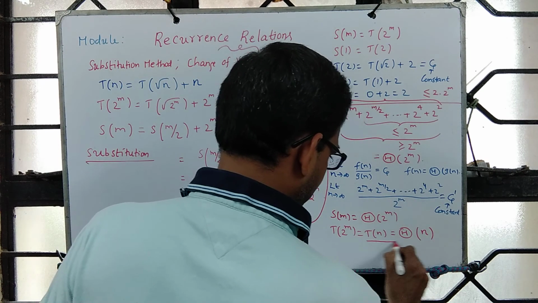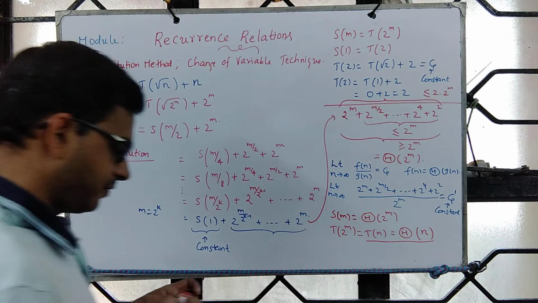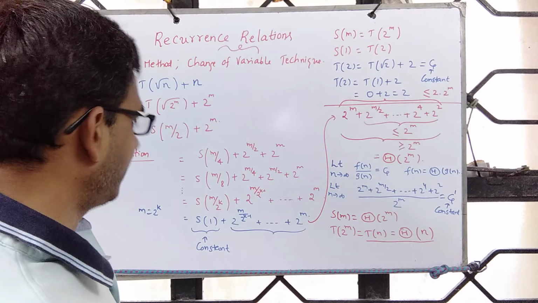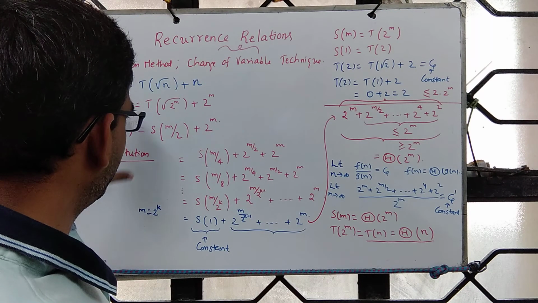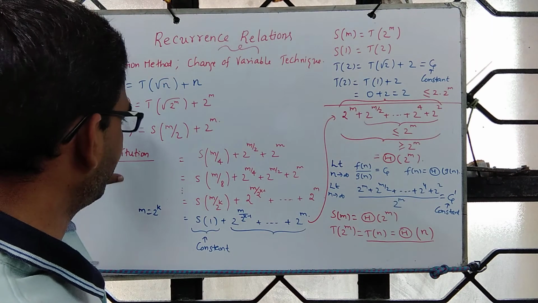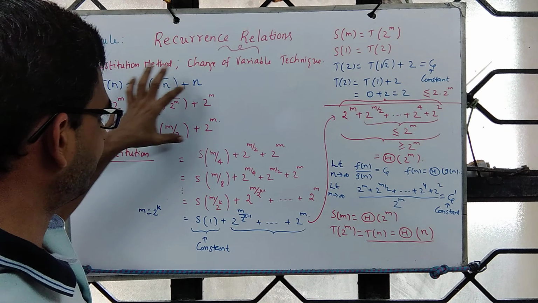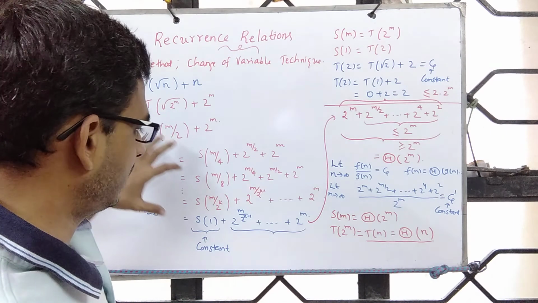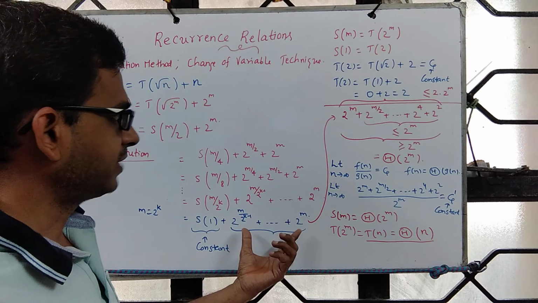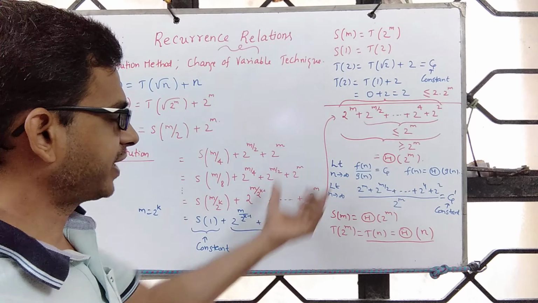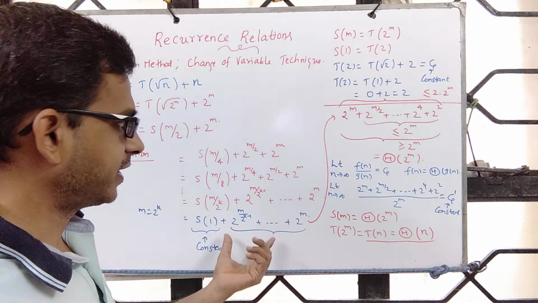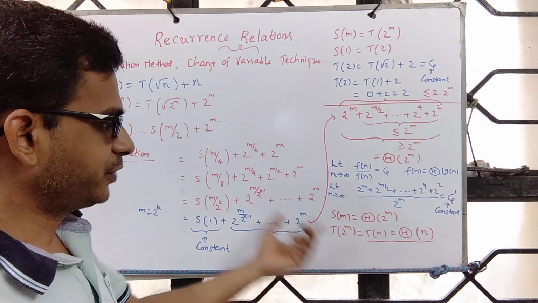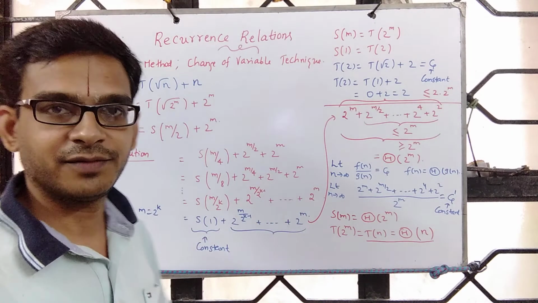So the solution to the recurrence is theta of n. To arrive at this, we have taken a different route, meaning using the change of variable technique, I have substituted an appropriate value for n. Then I had to make a change in the function as well. Then we got an interesting expression, and you can see that it is both upper bounded and lower bounded by 2^m. So therefore the solution to this recurrence is theta of n.